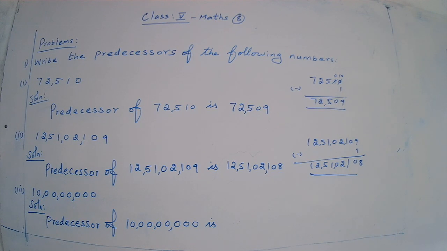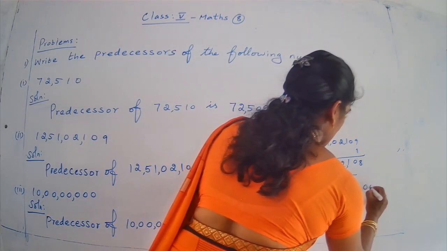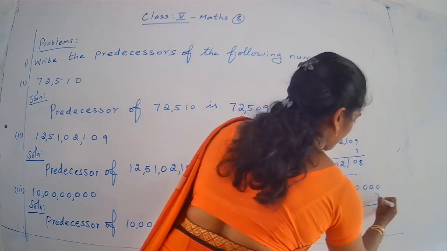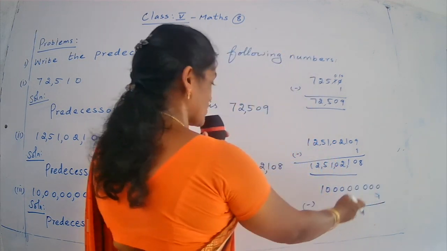9 crore 99 lakh 99,999 only. Yes children, this is mind calculation. So how will you get it? Yes, we can get the predecessor of a number by subtracting 1 from it. So now you subtract 1 from 10 crore. 0 minus 1 is not possible. Then you come here, here also 0.